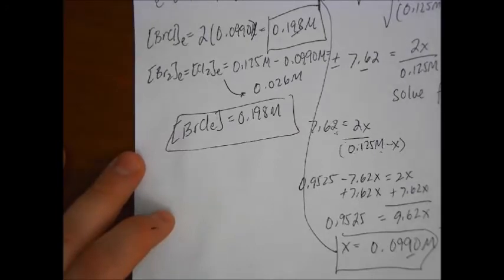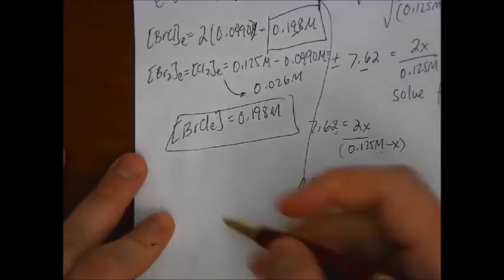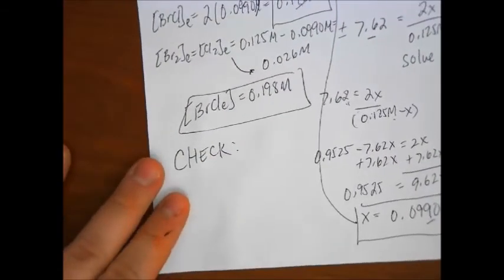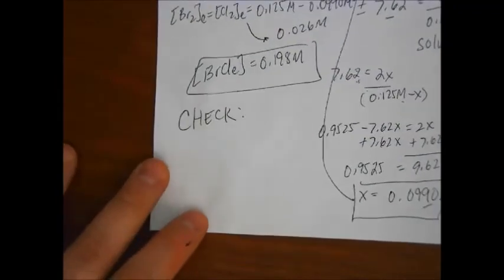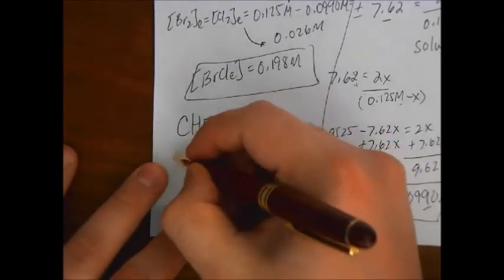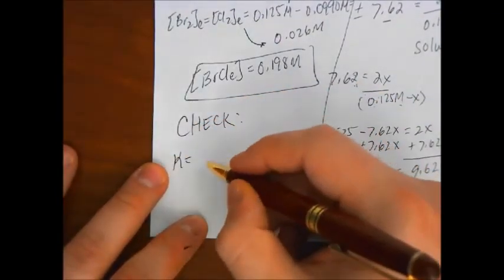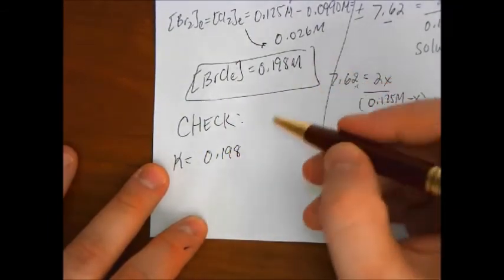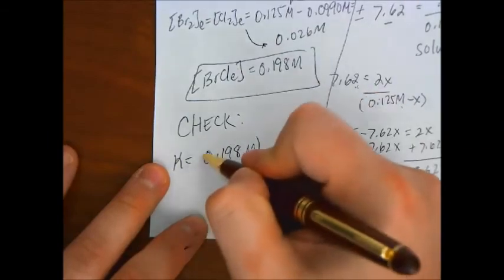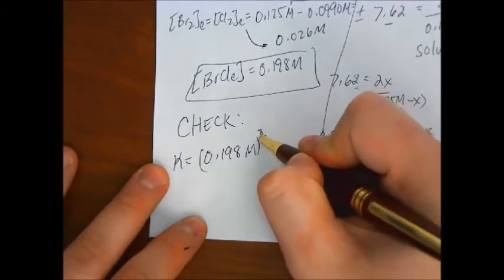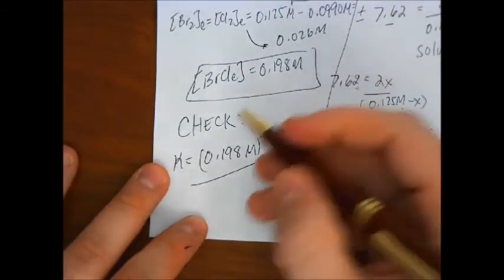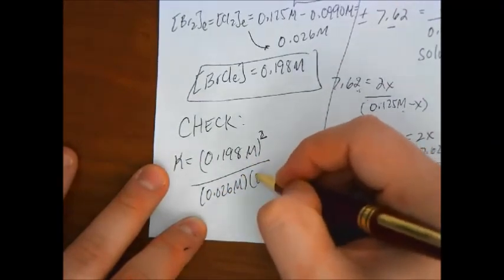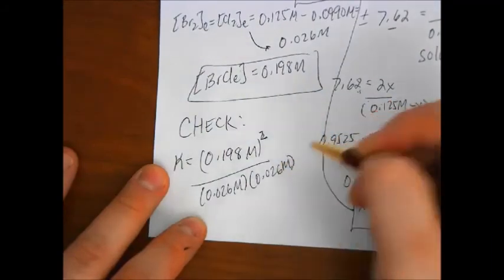Now, one thing that's a good way to check everything is to go back to your equilibrium expression and plug everything in. So this is the check now. If you want to check your answer to make sure everything is right, a good way of doing that is to calculate K with my numbers. So I'm going to plug in our equilibrium concentration, 0.198 molar, and then this is going to be squared, divided by our 0.026 molar, which is our Br2, and our 0.026 molar, which is our Cl2.